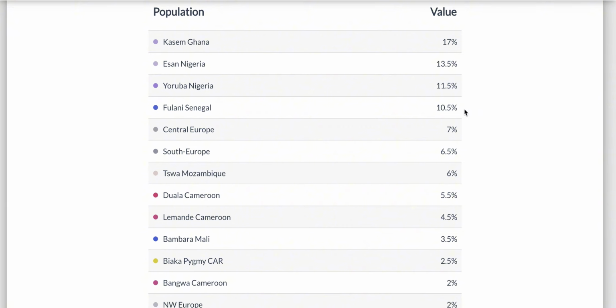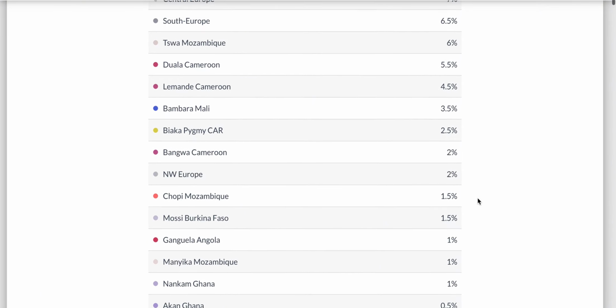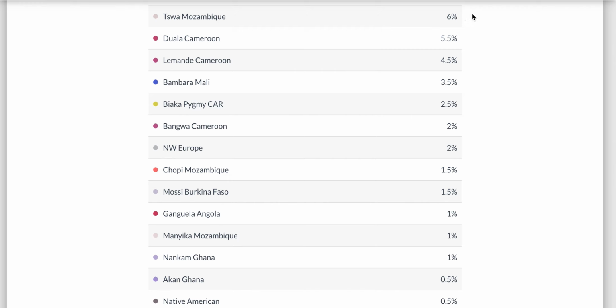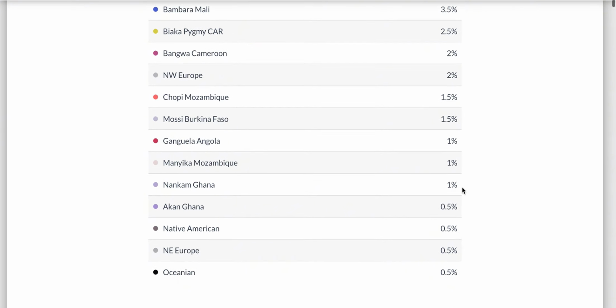And then Fulani, Senegal. Now, I don't always have Fulani show up, but it's such a high number here. I find that kind of interesting. All right, and then you have Europe, and then you have now going into the more Bantu tribes down here. And so we can just take a look at these and see what's in here.